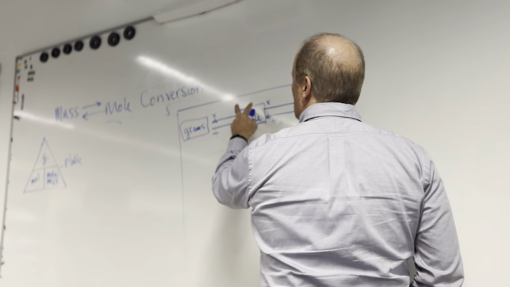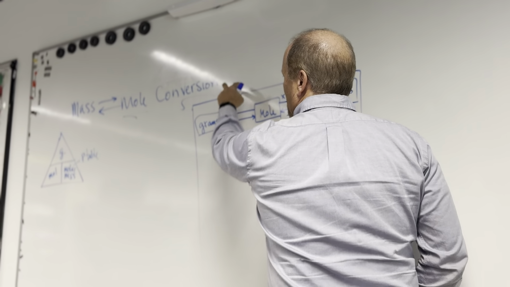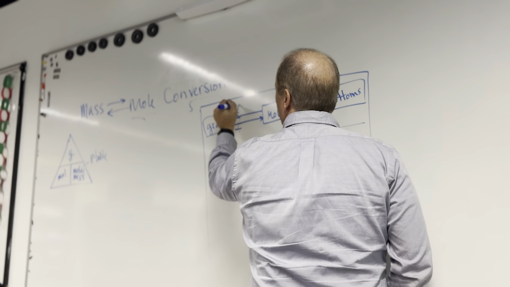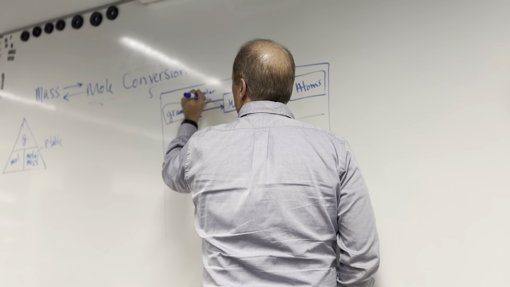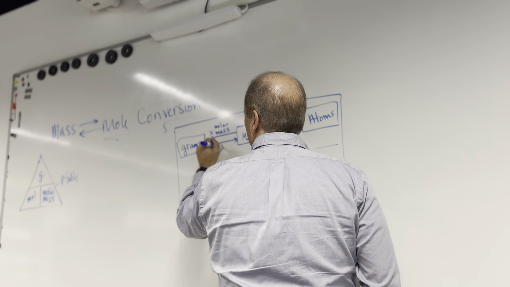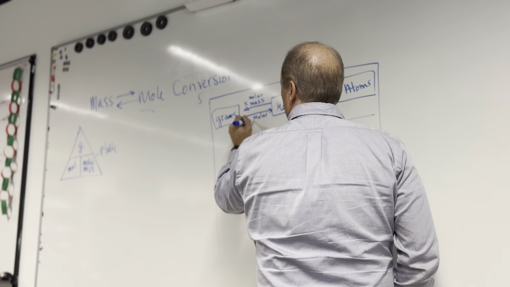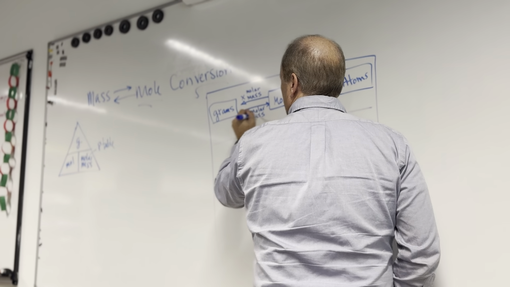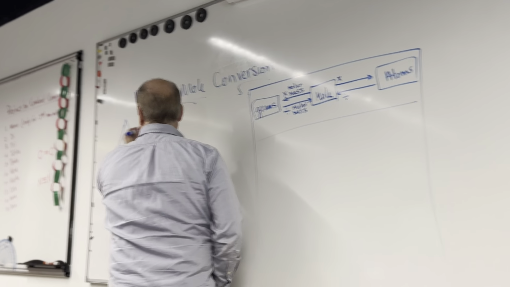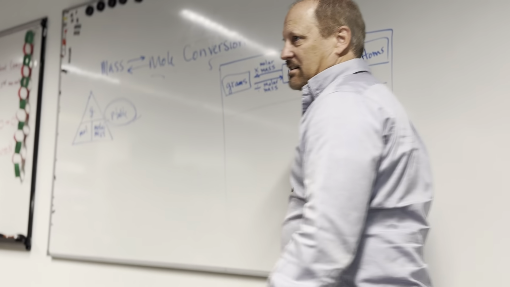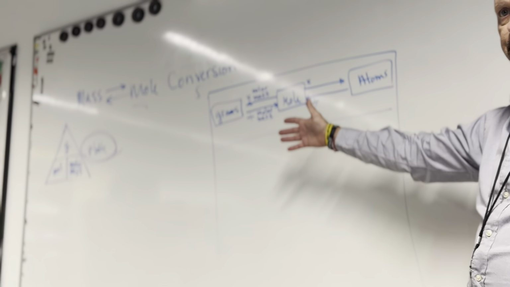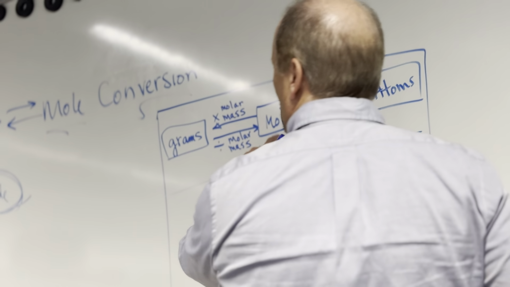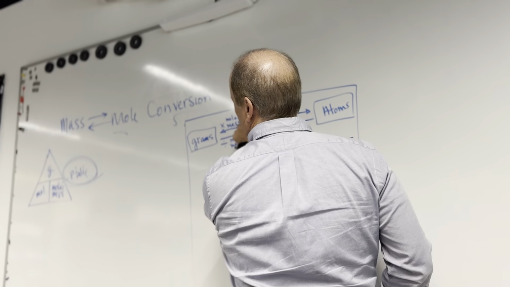If we're moving between moles and grams, we're multiplying and dividing by molar mass. And where do I get the molar mass? From your periodic table. You're going to need your periodic table to get the molar mass. So if I'm going from moles to grams, we're multiplying by molar mass.